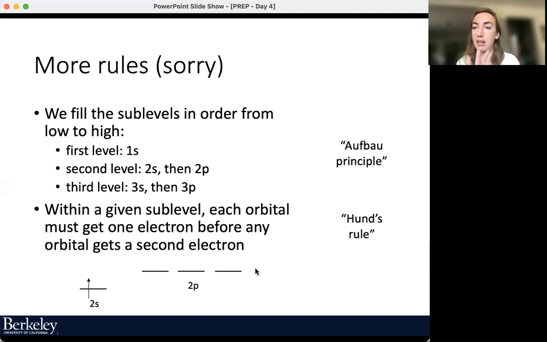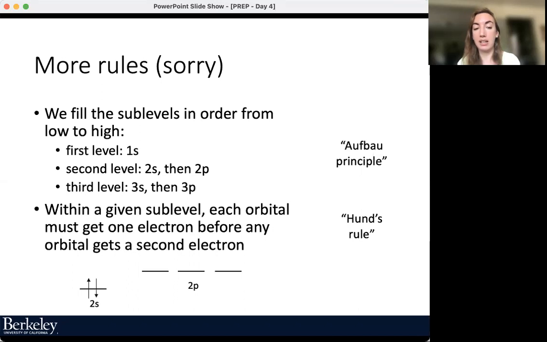I'm going to do it as arrows on this slide, but for the rest of the slides, they're going to just be little circles. Why we draw them as arrows comes back to the physics that I'm happy to explain later if someone cares. So if we have 1 electron, it's going to go in the 2s orbital.